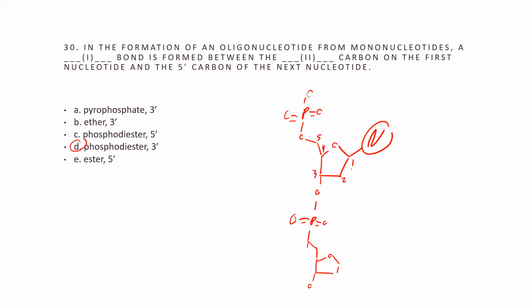But just know that it's 5' to 3'. You guys have all heard that in your biology classes, right? That's the directionality of DNA. It goes from 5' to 3', and it just goes P to the ring to another P to another ring.